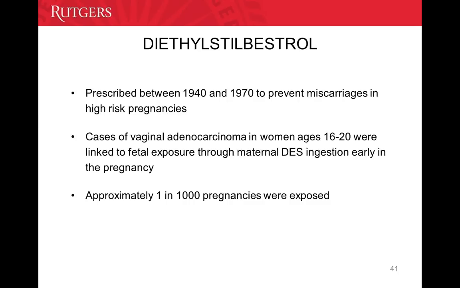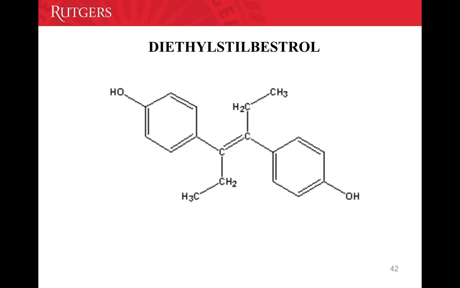What's interesting is that the female offspring of the women who took the diethylstilbestrol had quite high levels of vaginal adenocarcinomas when they were young, between 16 and 20. And that was linked back to their fetal exposure to diethylstilbestrol. It is guessed that maybe 1 in every 1,000 pregnancies in that time window were exposed to DES because it was so widely prescribed. And here is the structure of DES, in case you ever wondered.